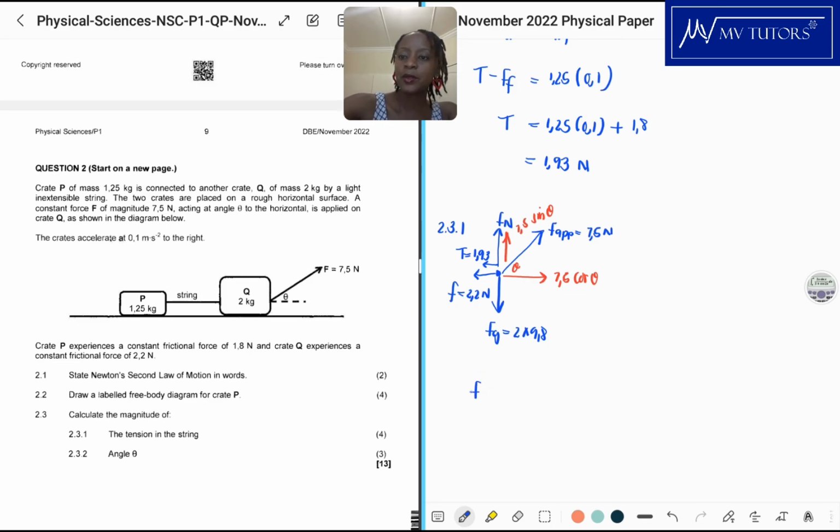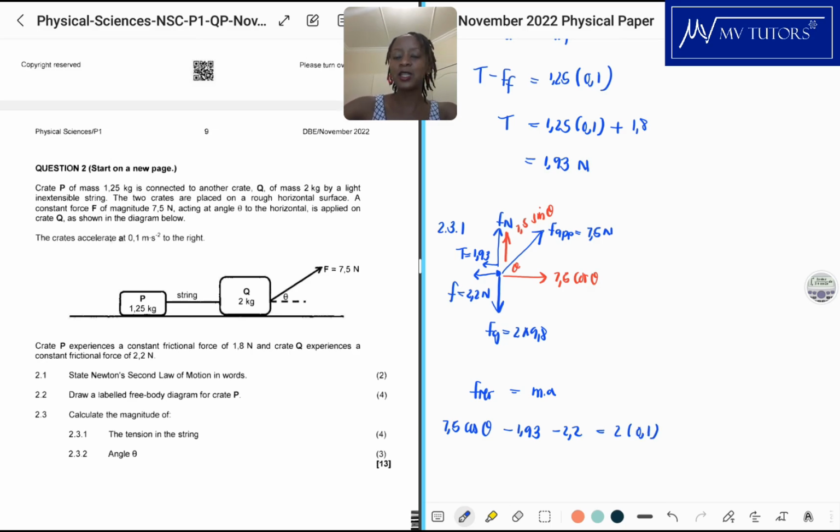Your resultant force again is equal to mass times the acceleration. And we have our 7,5 cos theta minus 1,93 from the tension force minus 2,2 from the friction force, and then the mass is 2 kilograms multiplied by the acceleration, which is 0,1.